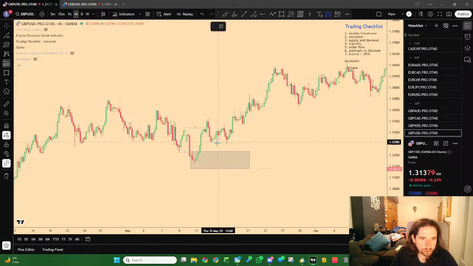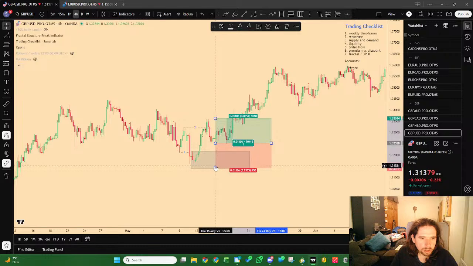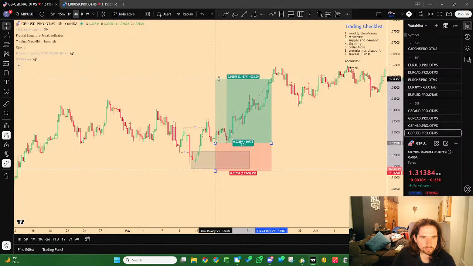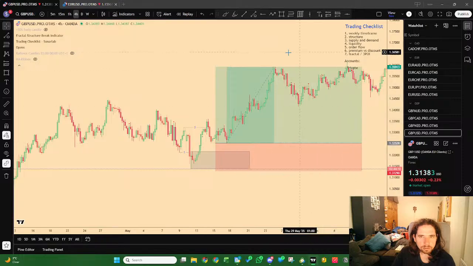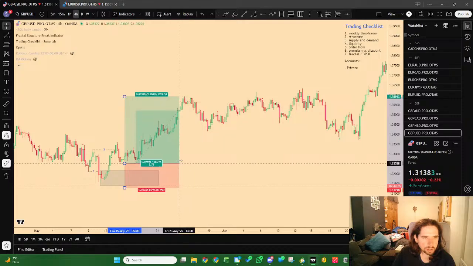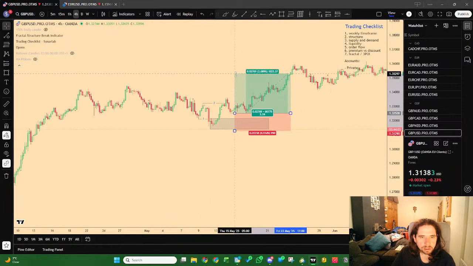Then you put your entry model on the area of liquidity, not on the area of the box, and then you aim for a 2 to 1. In this case, it would have peaked at about 2.7. It would have got higher eventually, but you can aim for a 2 to 1.